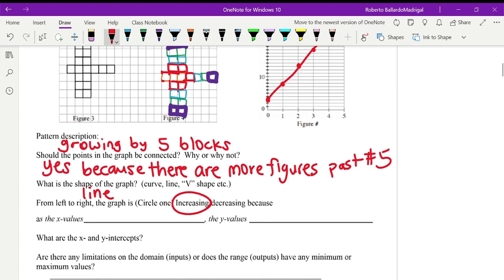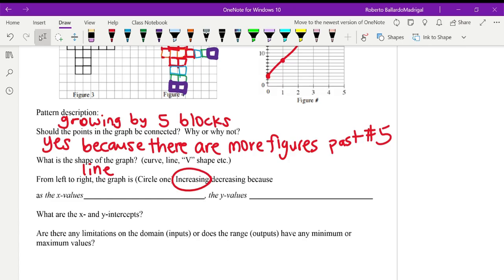Now let me go ahead and translate what the following means. So we're saying from left to right, the graph is increasing because the x values, think about what the x values represent. The x value represents the figure number. So we're saying as we go to the next figure number, are the number of blocks going to increase or are they going to decrease? They are going to increase.